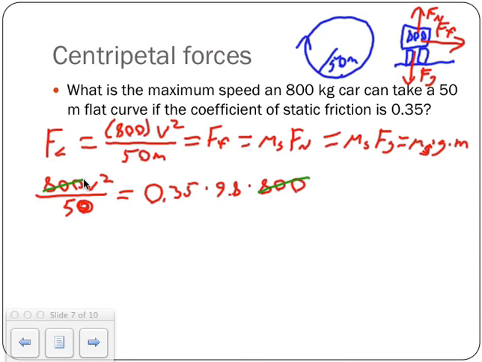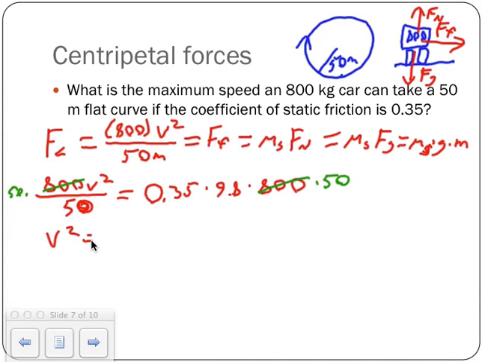So solving this out, we've got to get v squared by itself. So we're going to multiply both sides by 50. And so v squared then is going to have to be equal to 0.35 times 9.8 times 50.